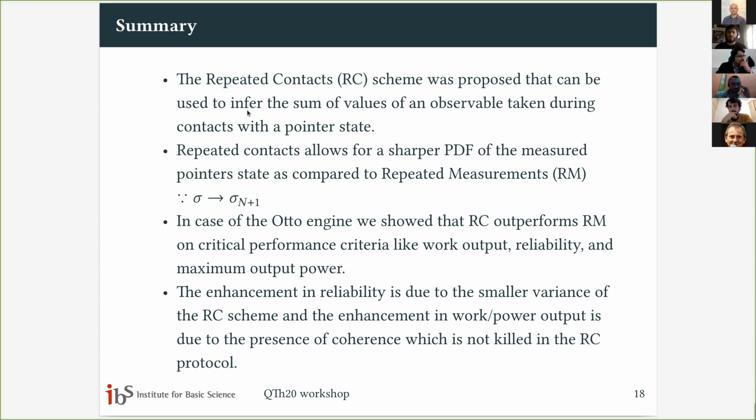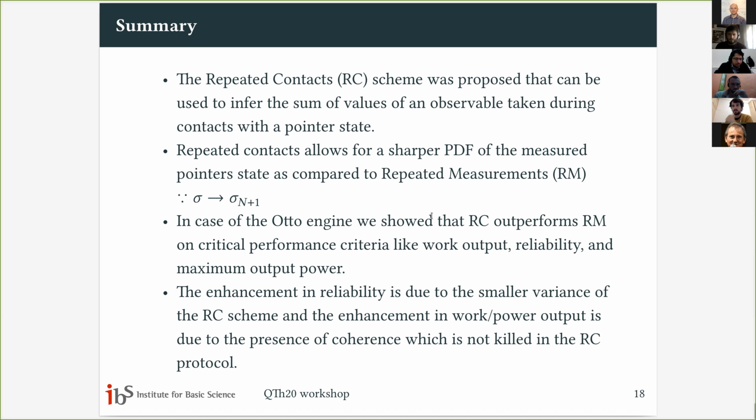So I proposed this repeated contact scheme, which was used to infer the sum of the values of an observable. The main idea here was that the repeated contacts, as compared to repeated measurements, gave a much narrower Gaussian width for the pointer, which made the measurements more reliable and precise.